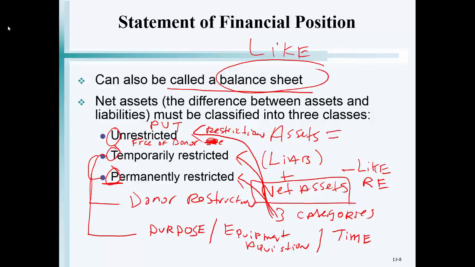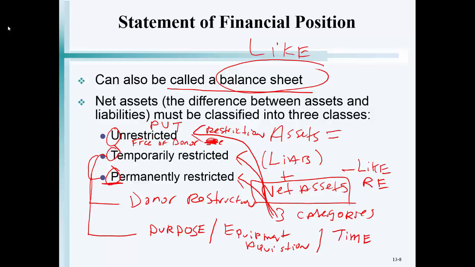So even though the board of directors, that's the word I'm looking for, thank you, God, can designate that money for some purpose, they cannot restrict it, right? And so any money that the donor has not imposed a restriction on is automatically unrestricted, even if the board of directors has designated that money for some purpose.